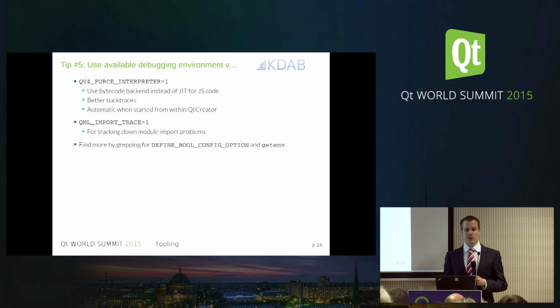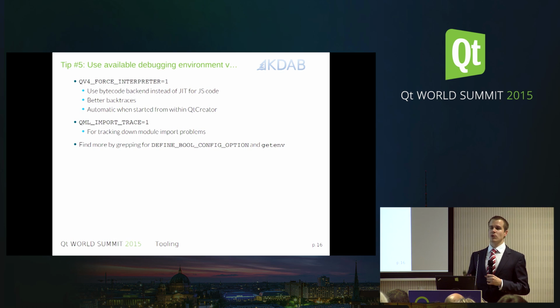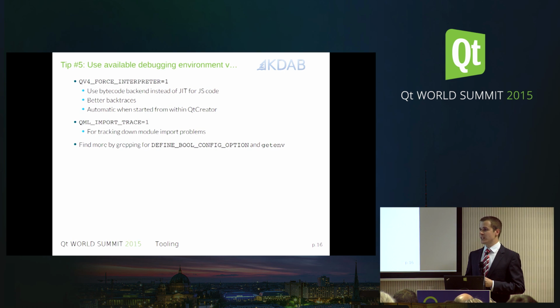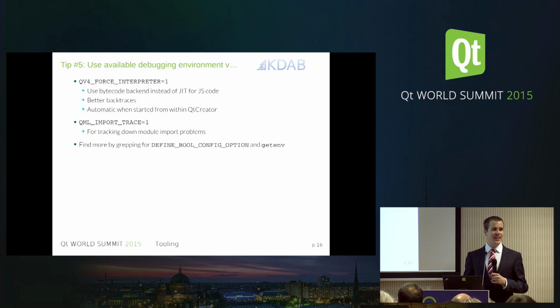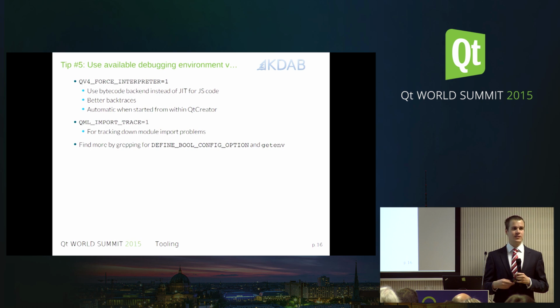That is useful if you want to do debugging and to look at backtraces, because just-in-time compilers have the tendency to screw up backtraces, and lots of times the backtrace just stops in the JavaScript code and doesn't go any further. So by using that environment variable, you can get nicer backtraces. When you run your application from within Qt Creator, I think Qt Creator sets that environment variable automatically, or at least somehow it disables the just-in-time compiler.